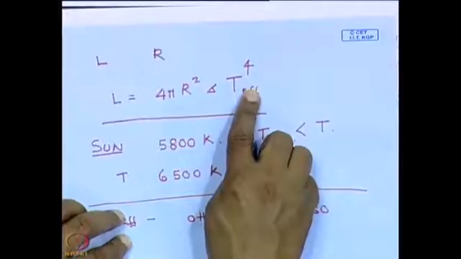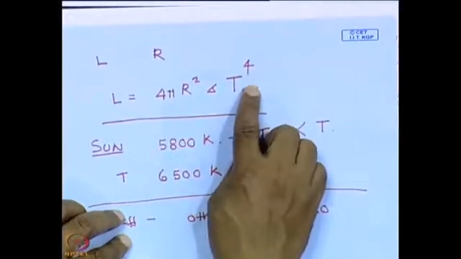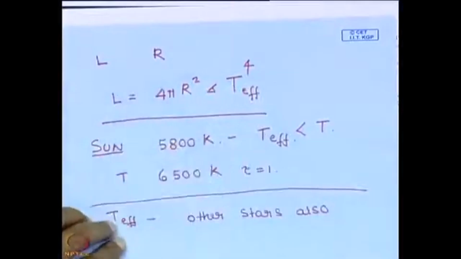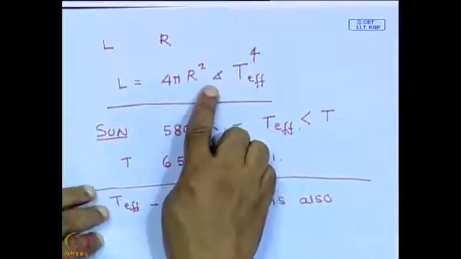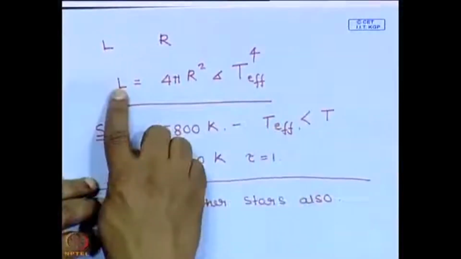And that is quite clear, it should be so, because the luminosity scales as T to the power 4, right. So a temperature increase by some amount will be a much larger increase in the luminosity. So a combined increase in the radius and temperature will give rise to a large increase in the luminosity.